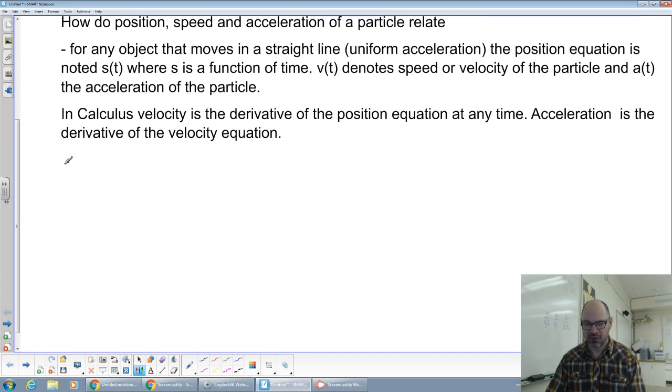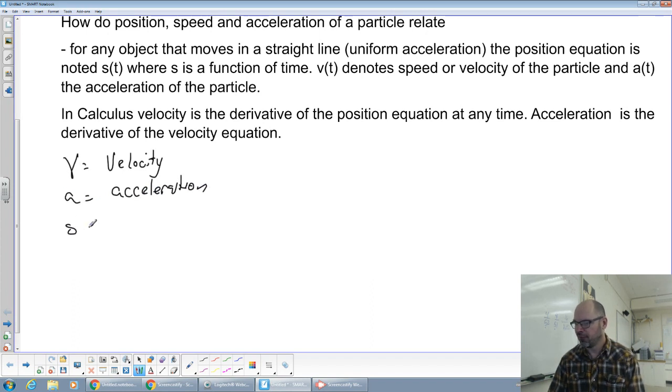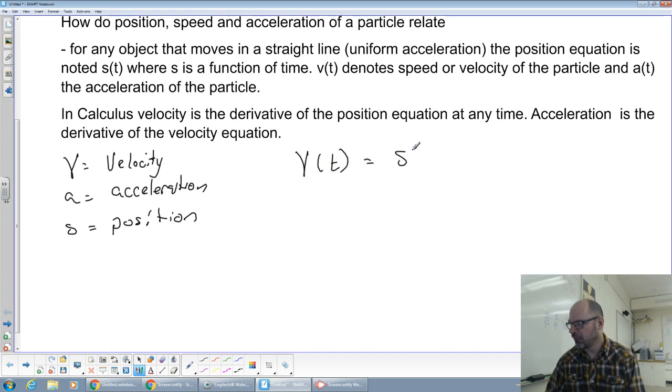Okay, so that would mean if we say V equals velocity, A equals acceleration, and S is position, we can say that V at some time t equals S'(t), with the prime there, which means derivative.